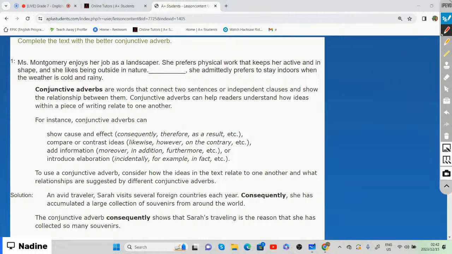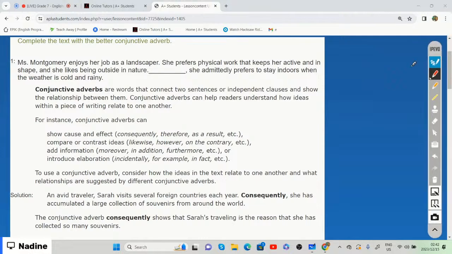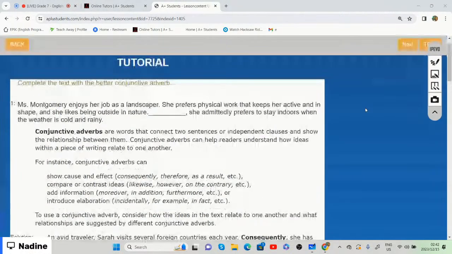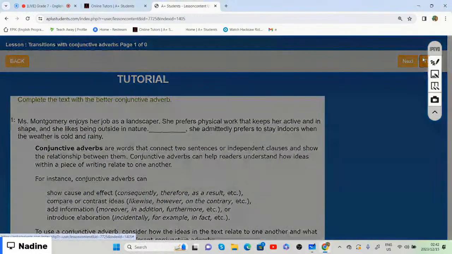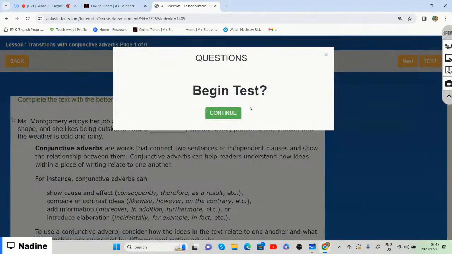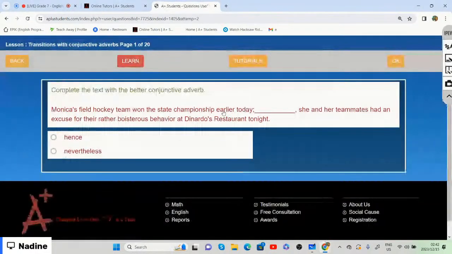All right, so now we're going on to our test. We need to complete the text with the better conjunctive adverb.